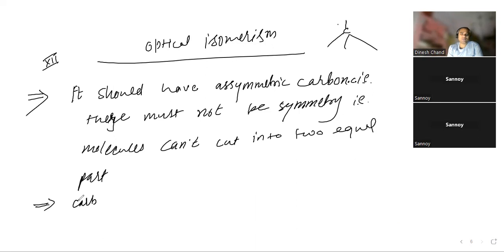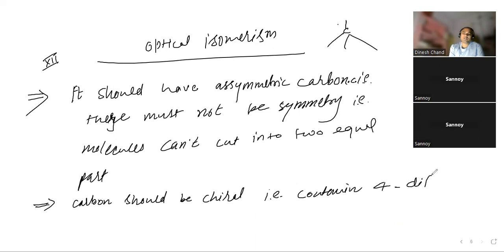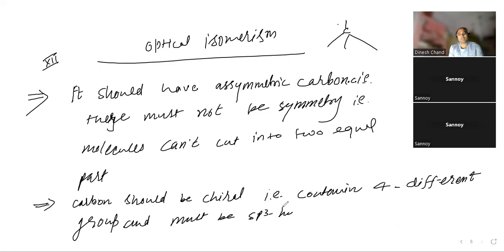Carbon should be chiral, that is, contain four different groups, and must be sp3 hybridized.